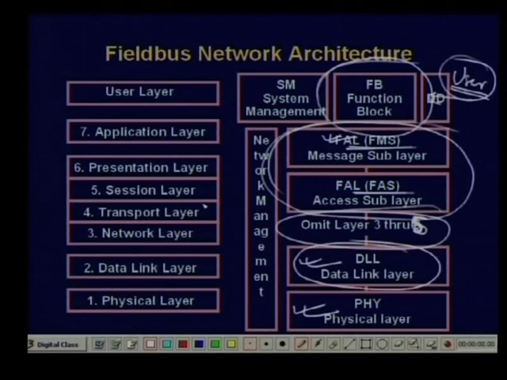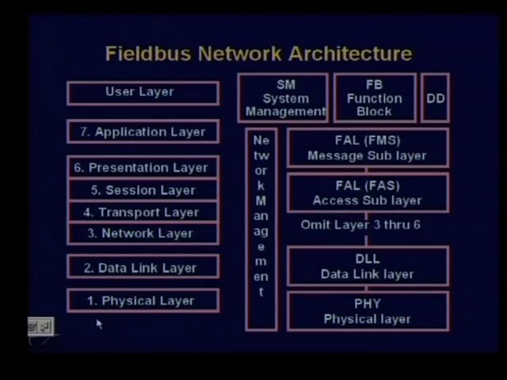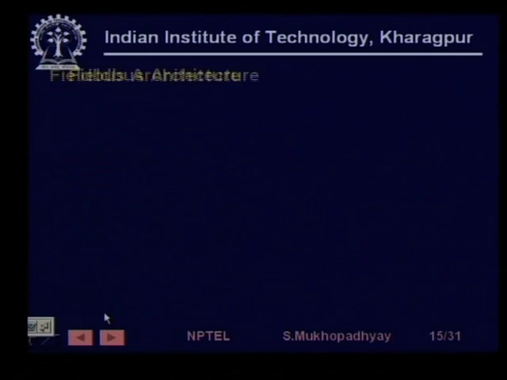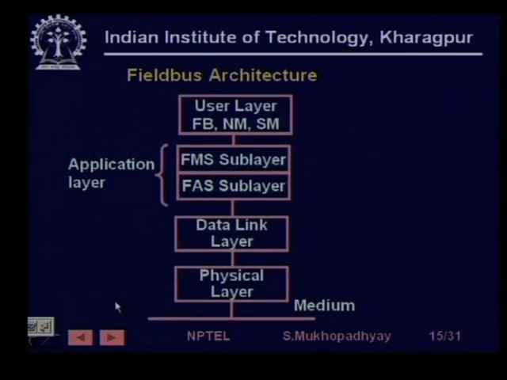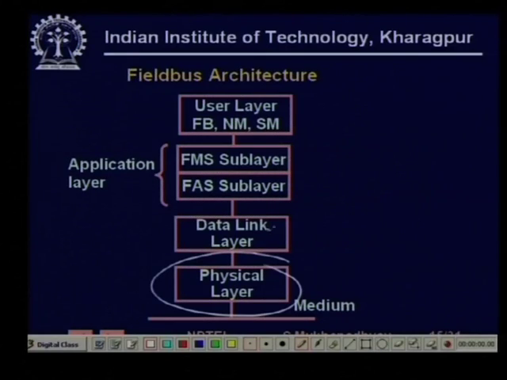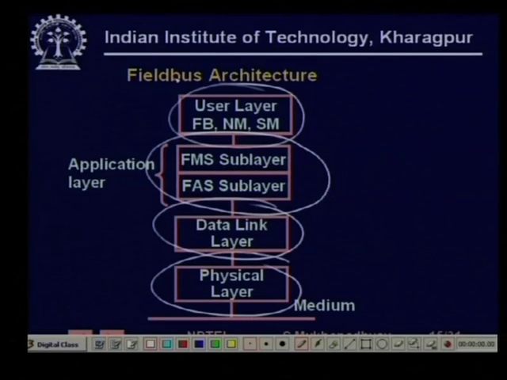So, this is the Fieldbus protocol structure. So, you have finally the Fieldbus architecture. You have the physical layer, the data link layer and the application layer broken up into 2 parts, and then you have the user layer, which involves the function blocks, which are abstract computing blocks which specify abstract communication, let us say between an analog input device and a process controller, or a process controller and an analog output device.